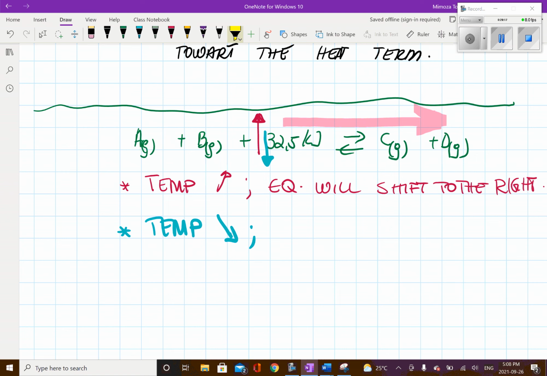I will try to cancel whatever you did to me. You decreased the heat by decreasing the temperature. Therefore, I will try to produce more. So the equilibrium will shift to the left.